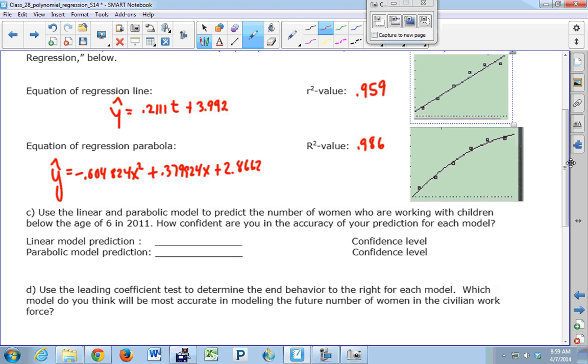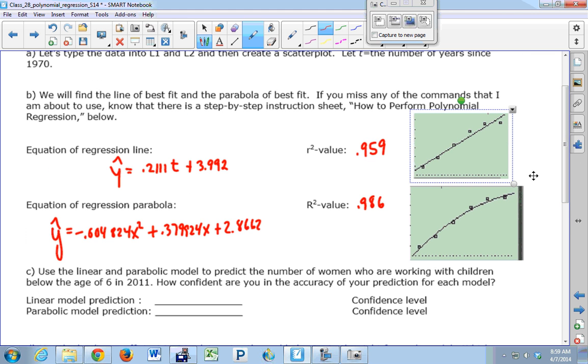So in other words, if you were going out here another 10 years, another decade, this model continues to rise like this, and this one is still increasing a little bit. Okay, we know that at some point it's going to start to head back down, right? Because look at the leading coefficient right here.